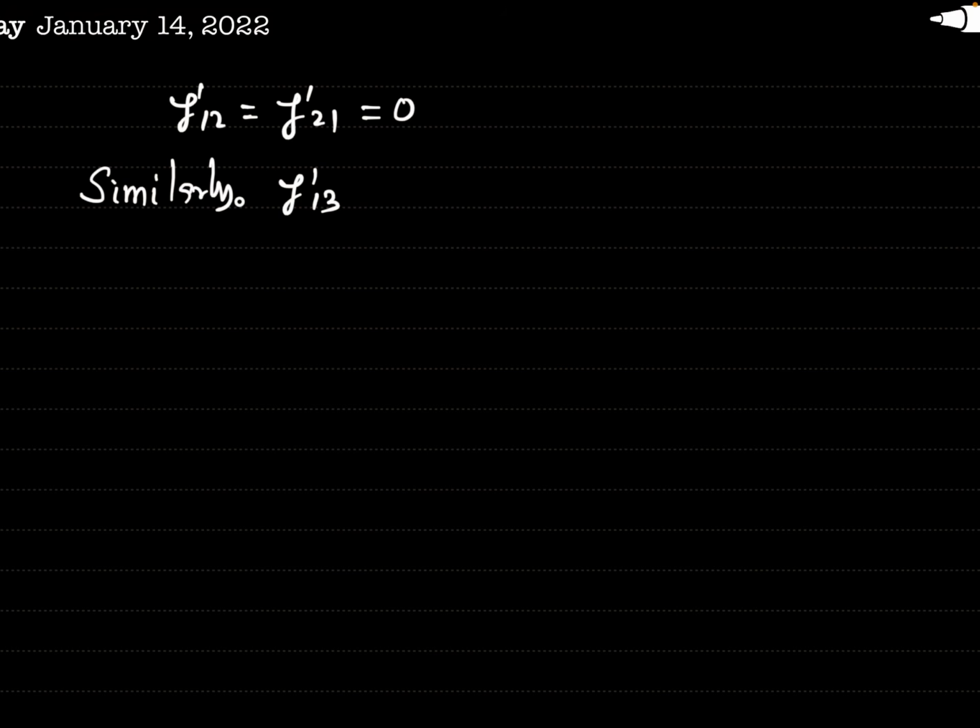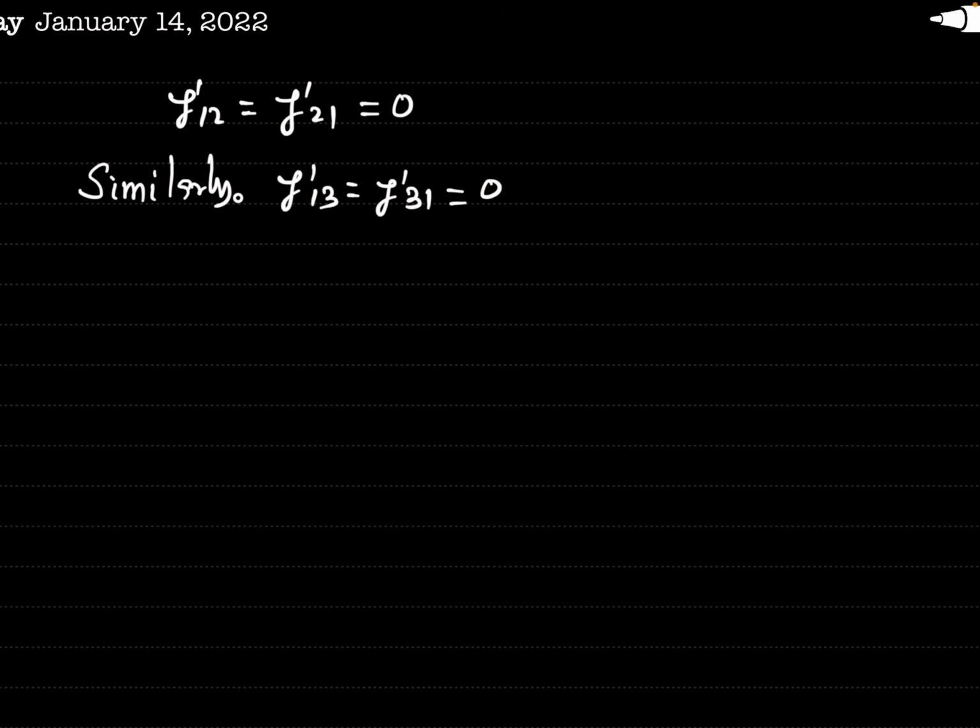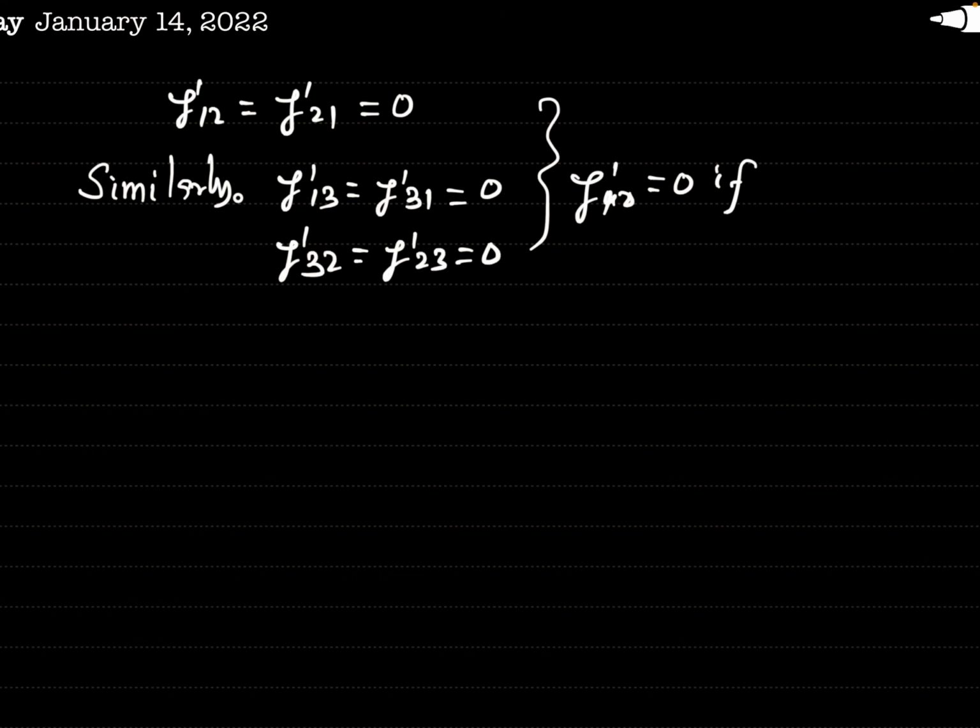Similarly, you can write that g prime 1 3 will be equal to g prime 3 1, and this is equal to 0. And similarly, g prime 3 2 is equal to g prime 2 3, and this will be also equal to 0. So now, on the basis of this, you can say that this g prime mu nu is equal to 0 if mu is not equal to nu.